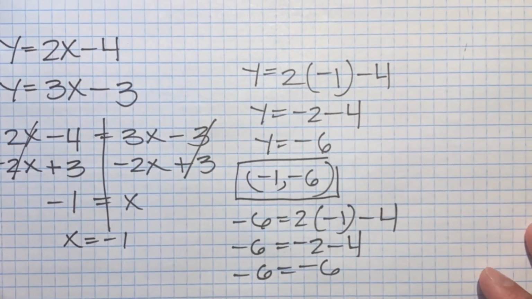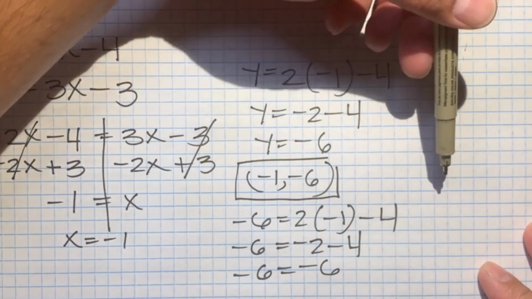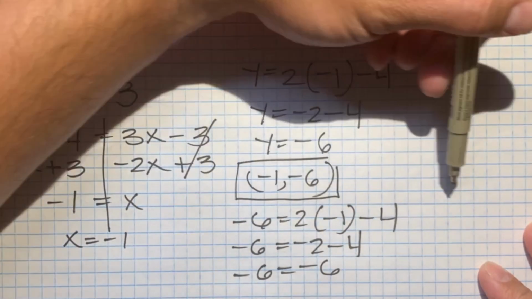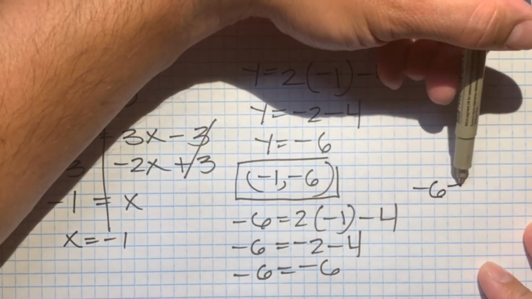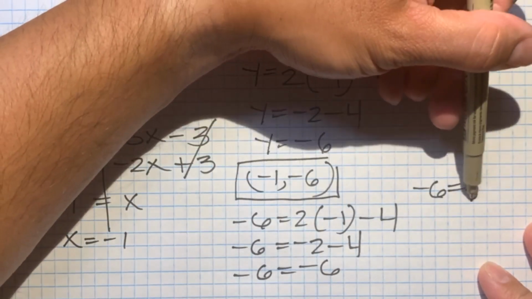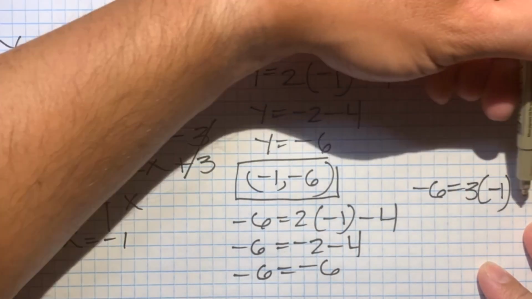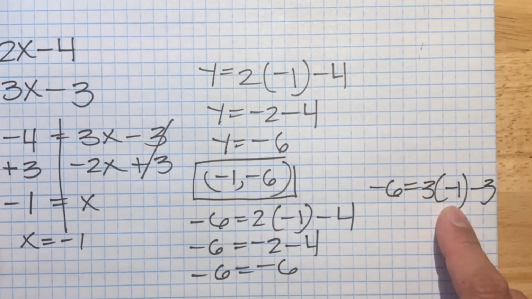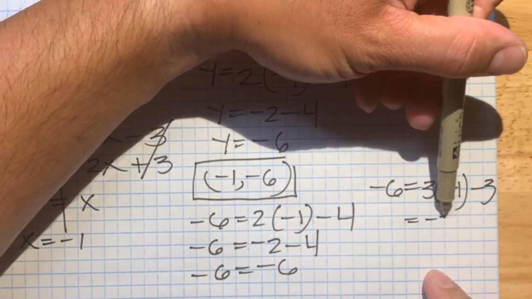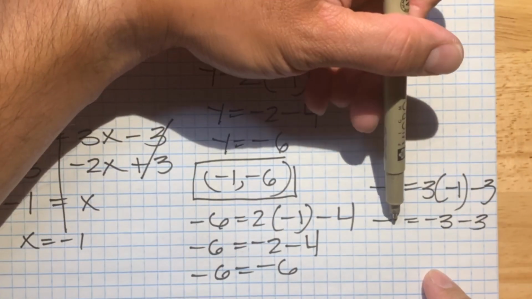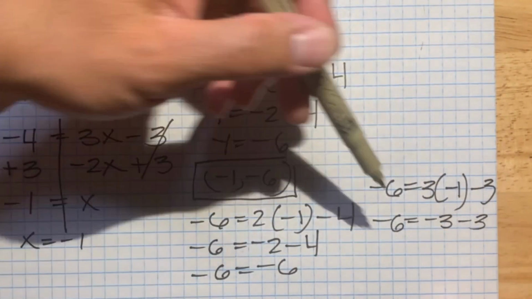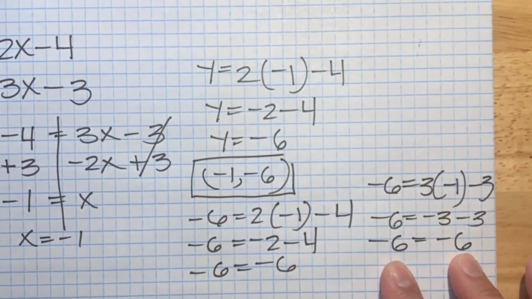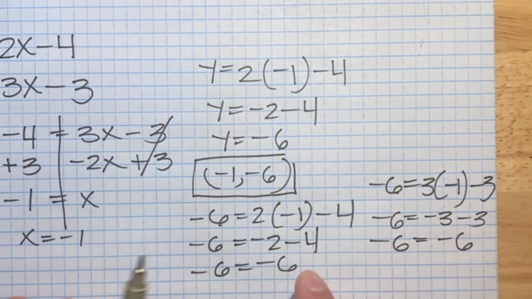And then let's just write it over here. I'm going to take our second equation and substitute: negative 6 equals 3 times negative 1 minus 3. Ran out of space over here. Okay, 3 times negative 1 is negative 3 minus 3. Negative 3 minus 3 is negative 6 equals negative 6. Works out. Both of them check out.